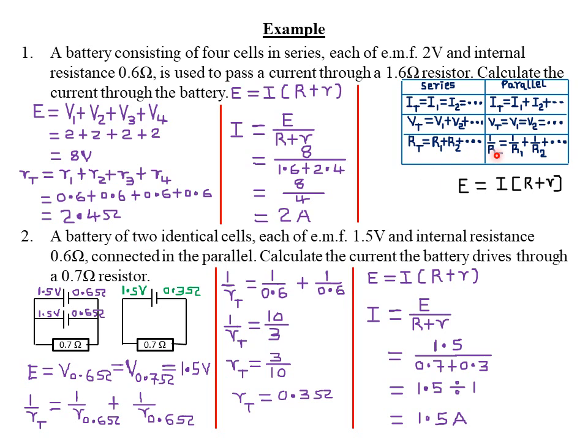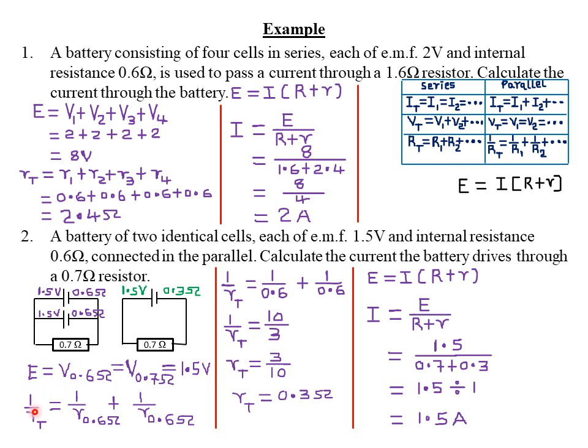We know that for any parallel connection, 1 over R total must be equal to 1 over R1 plus 1 over R2, and so on and so forth. Because we have only 2 identical cells, the internal resistances of those cells will simply be R1 and R2.